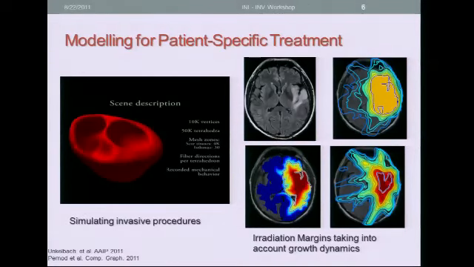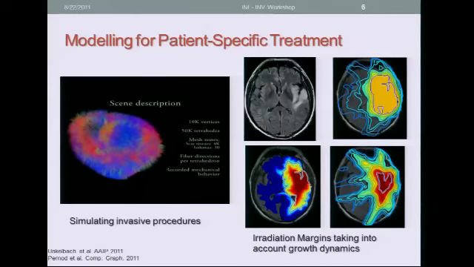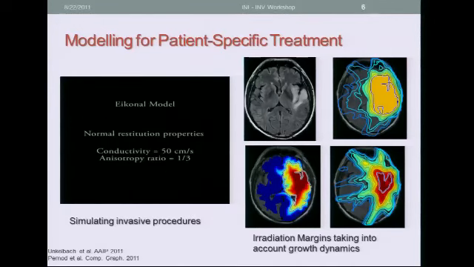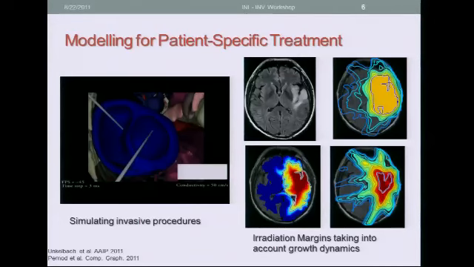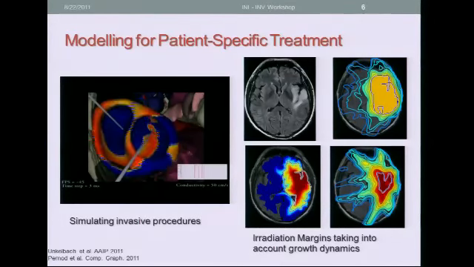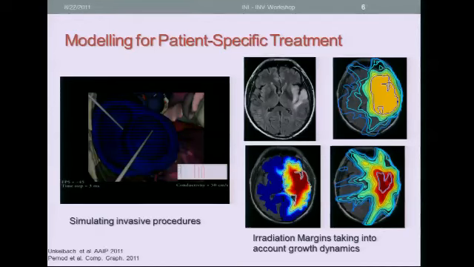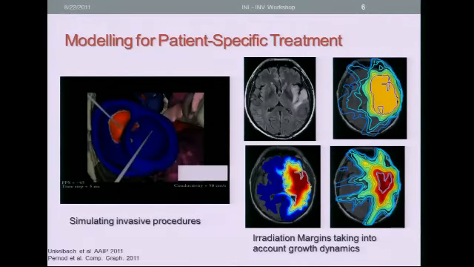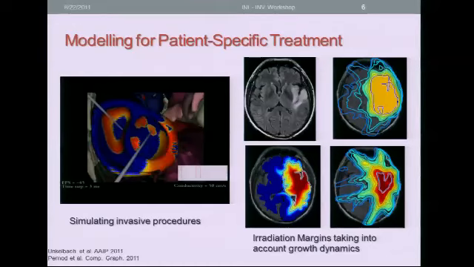Okay. Now, once we create these individual simulations, what do we do with them? Well, basically, the idea is to create some patient-specific treatment or simulations of these treatments. For example, we're talking about simulating invasive procedures, trying to figure out how to best treat this patient, where to ablate in the cardiac muscle so that the arrhythmia will be gone, but we'll ablate or burn the smallest amount of possible region.